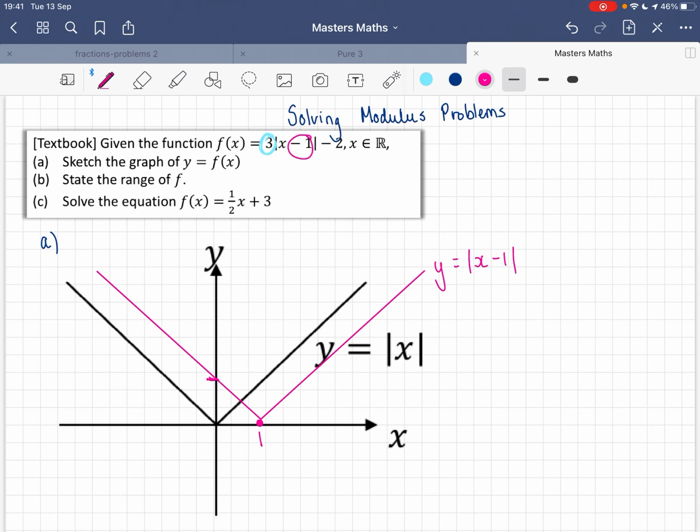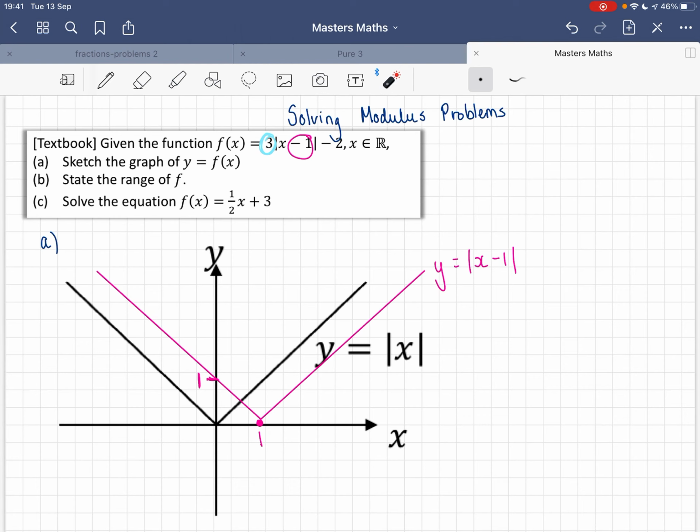If we put 0 in for x there, we get y equals modulus of minus 1, which means y is equal to 1. So it is crossing the y-axis at 1. Again, just to do that a little bit slower: I know that every point on the y-axis has an x value of 0. I've substituted x equals 0 into this, which gives me 0 minus 1 is minus 1.